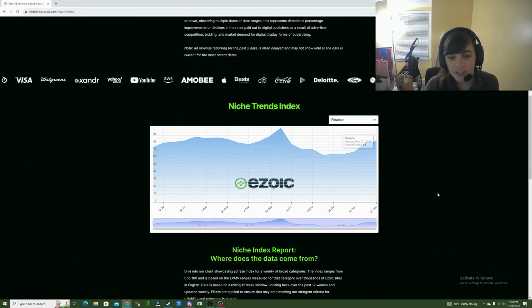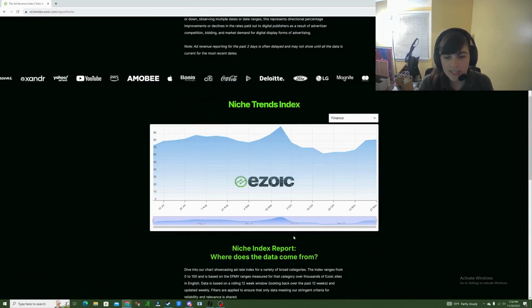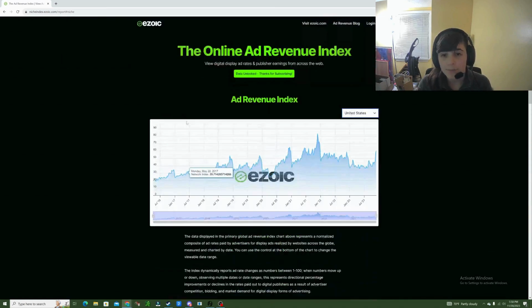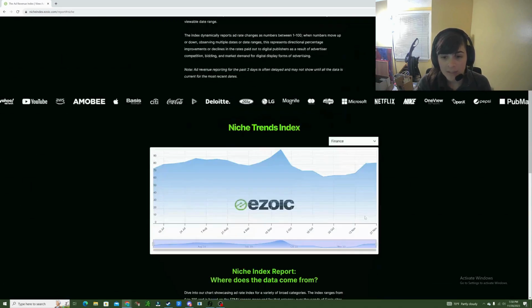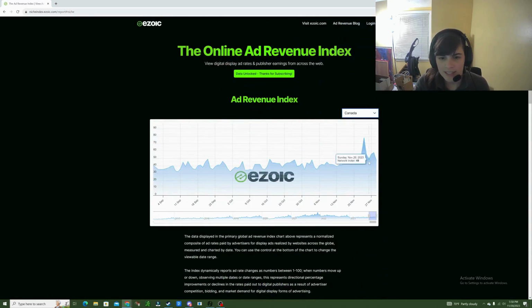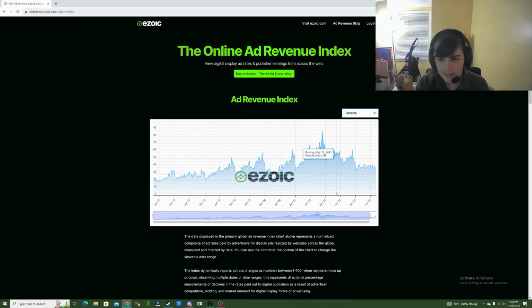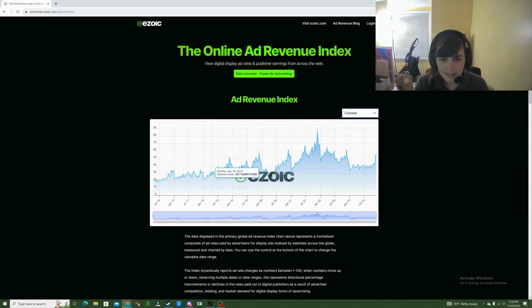Here we can actually look at specific niches. It's really interesting that it can break it down not only from location, but also the niche. Let's, for haha's, take a look at the Canada index. And this can also go back. Oh, looks like I can't. Oh, there we go. I can expand it. We can see that things are slightly different in Canada, but overall the trends are pretty similar.